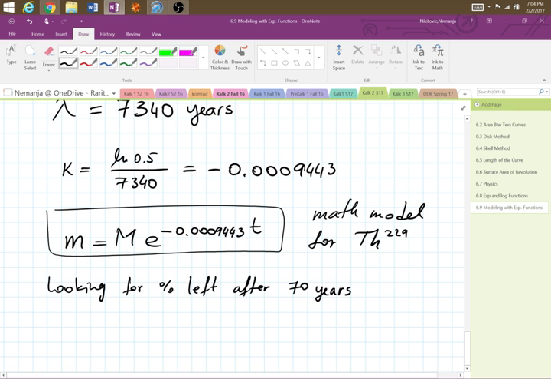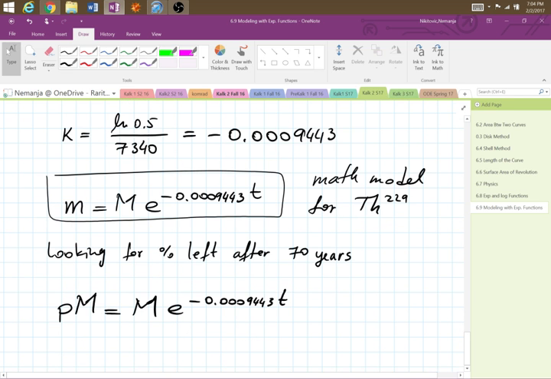So the way it goes is that percent of the original amount is equal to the equation. You know the word of means multiplication. And lowercase p is the unknown percent. So this M will drop. And we are going to plug in 70 over here.